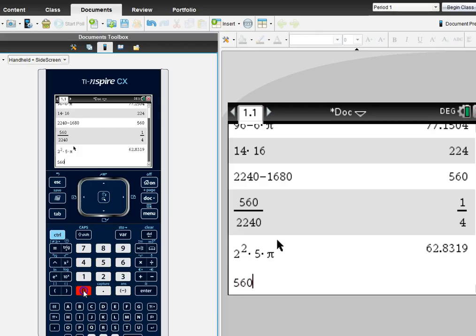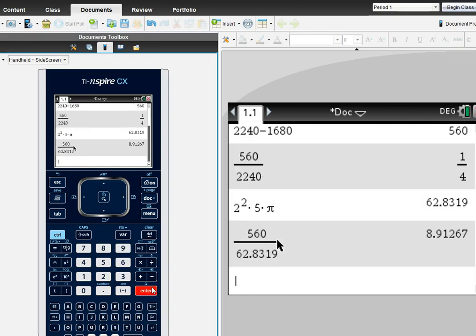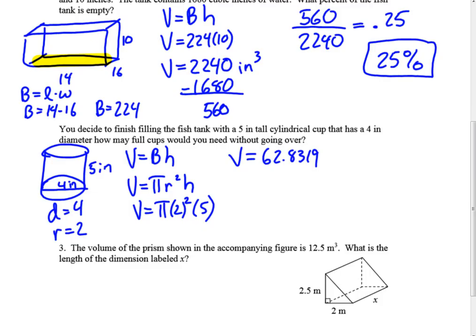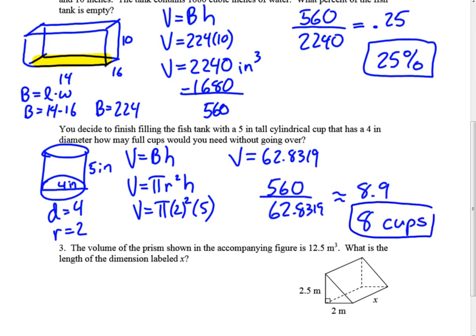So 560 divided by 62.8319 is 8.9. So if we wanted 9, we would overflow. So we did 560, that was how much remained, divided by 62.8319. That was approximately 8.9. So we could put in 8 cups without going over.